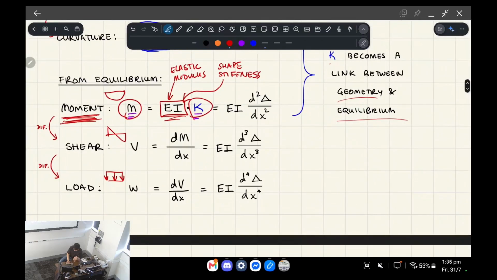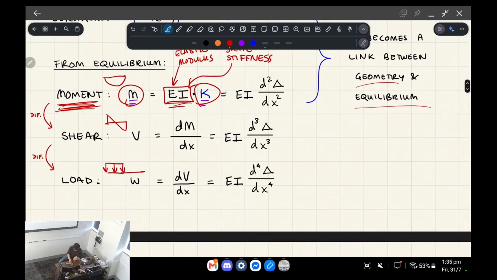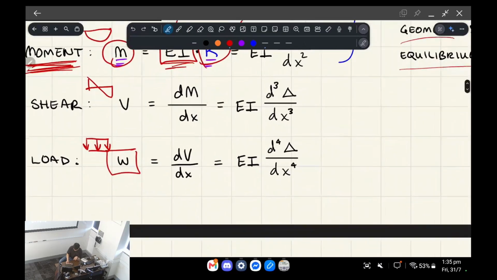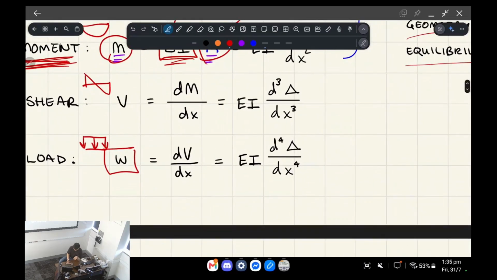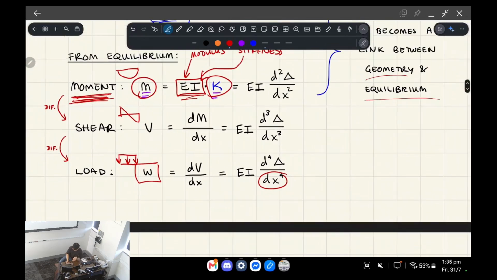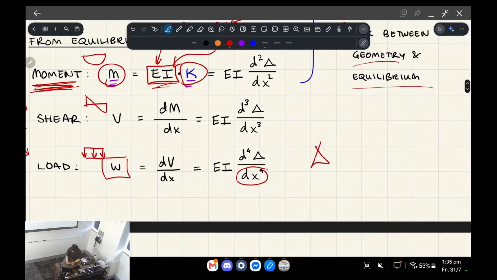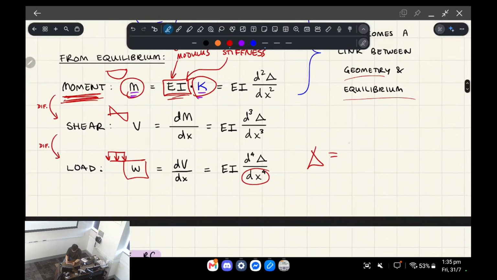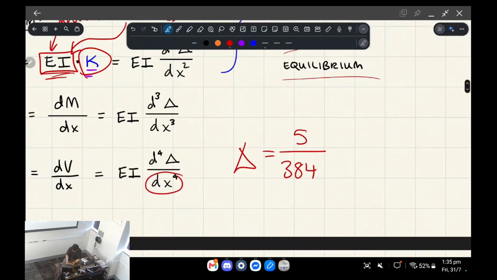And you can see that W is related to delta, and it's also related through a polynomial of order 4 for length. What do I mean by that? If you look at the deflection formula for a simply supported beam with a uniformly distributed load, it looks something like this.